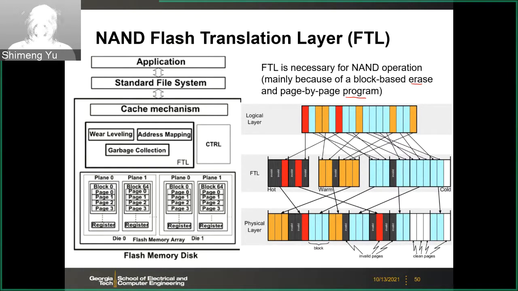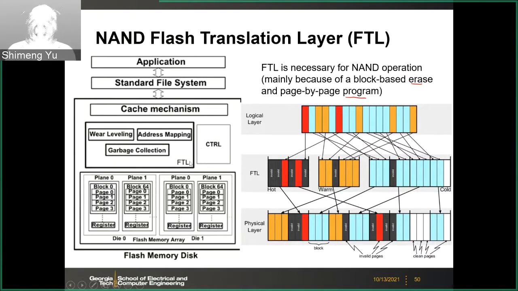So if you look at the SSD system, typically you have to follow some file system format, and then your host or your processor or the DRAM will go through this file system format to talk to the flash.